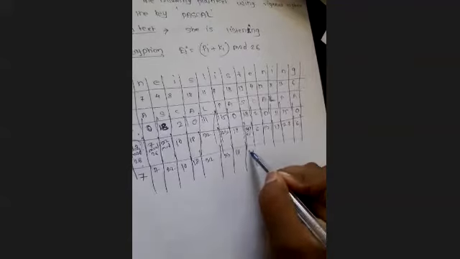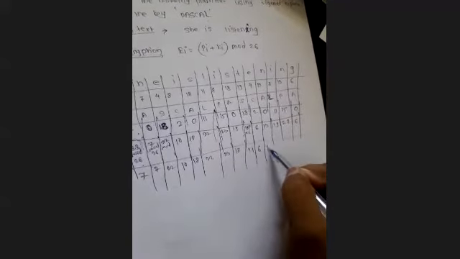Now here we have 37. So 37 minus 26 we have to perform, right? So 11, then 6, 13, 19, and 28 is greater than 26, so we have to subtract 26 from this 28. So 2, and the 6 as it is. So this is the ciphertext.